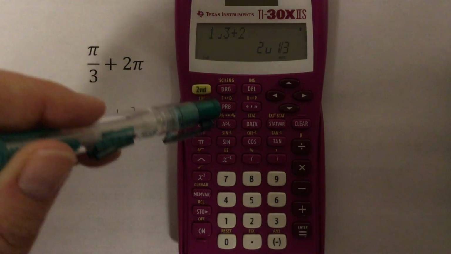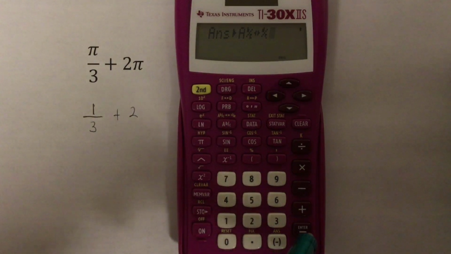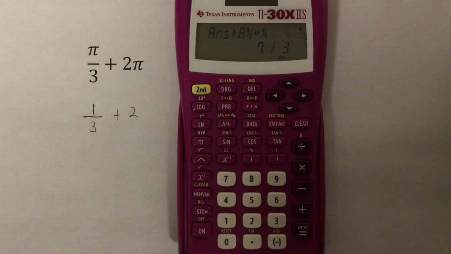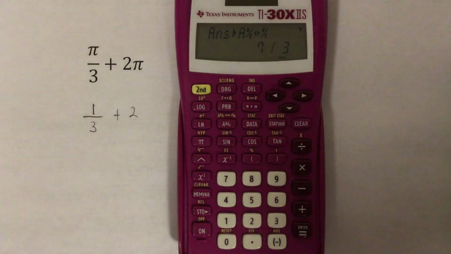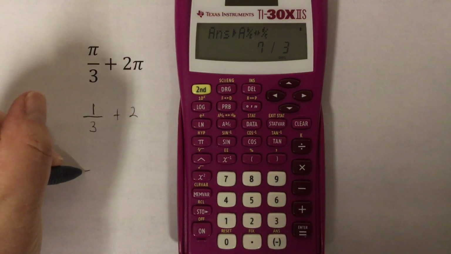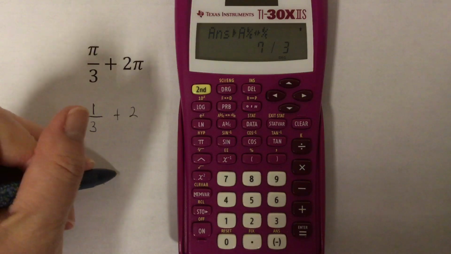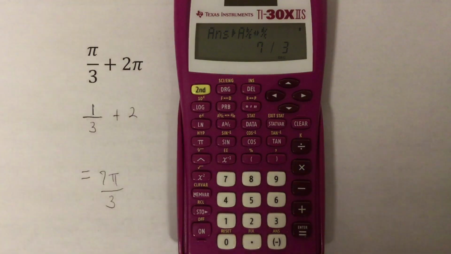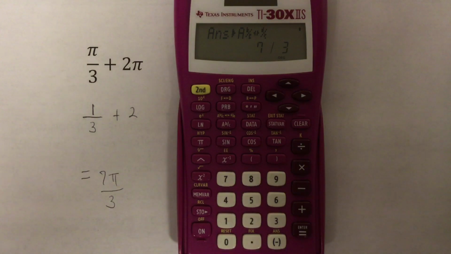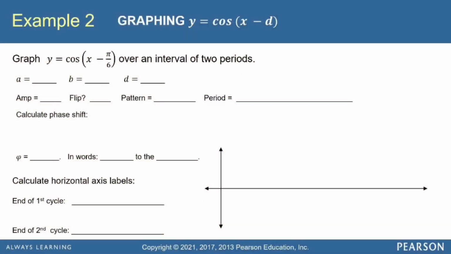So second fraction button equals, and there is our improper fraction, 7/3. And so now we know that pi over 3 plus 2 pi is 7 pi over 3. See, we know the pi is there, but we don't ask the calculator to handle it for us. And now we are ready to try drawing our own phase-shifted graphs.